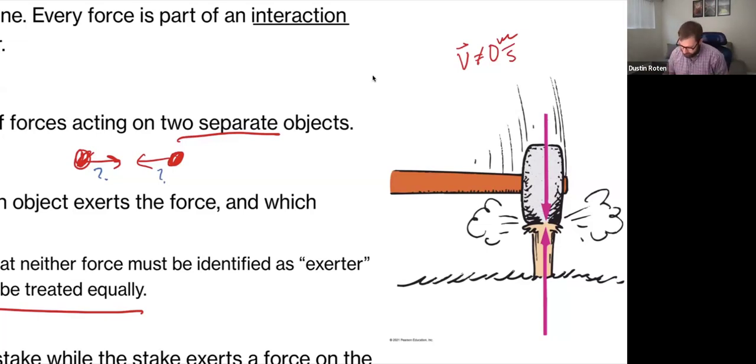So here's our force. We also know that when this thing hits the stake, it's going to stop. It's going to have no velocity. If it starts with velocity and then ends with no velocity, that's definitely a change in velocity, and we know that a change in velocity is caused by a force.